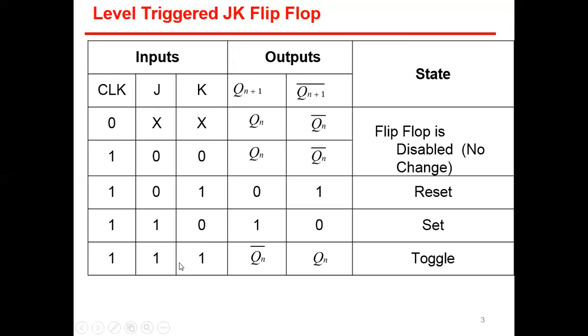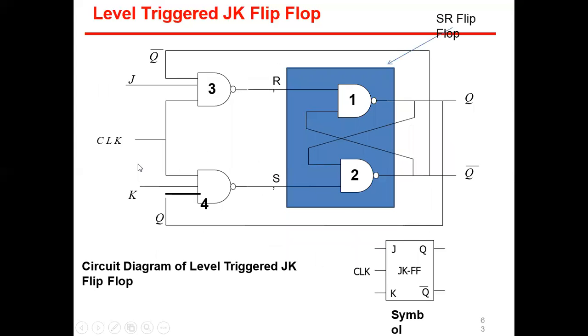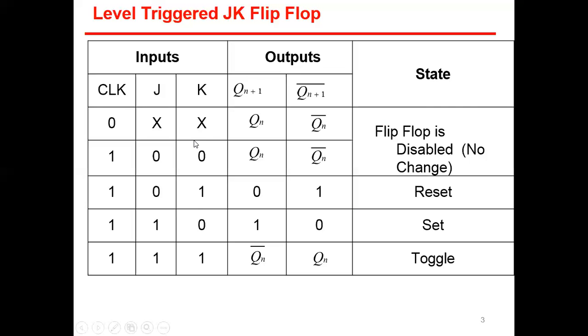For all these 4 conditions, with clock equal to 0, there are no changes because the clock is 0, so the circuit is not working. Next, we provide clock equal to 1. It means the clock is enabled, the clock is active, so the circuit is active. When we provide the clock, we are able to pass data to the circuit.